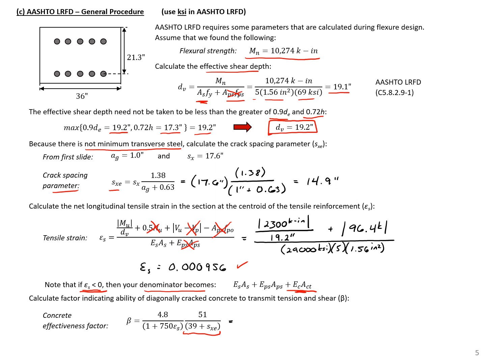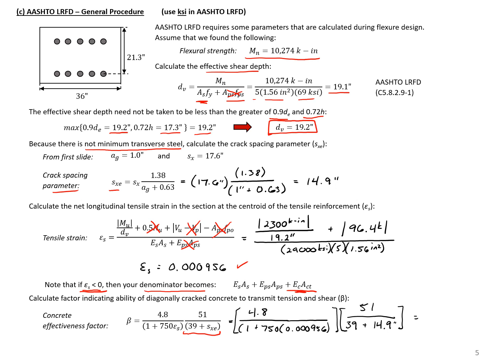So we'll have 4.8 divided by 1 plus 750 times epsilon s, 0.000956, times 51 divided by 39 plus our S sub XE, which we found to be 14.9.